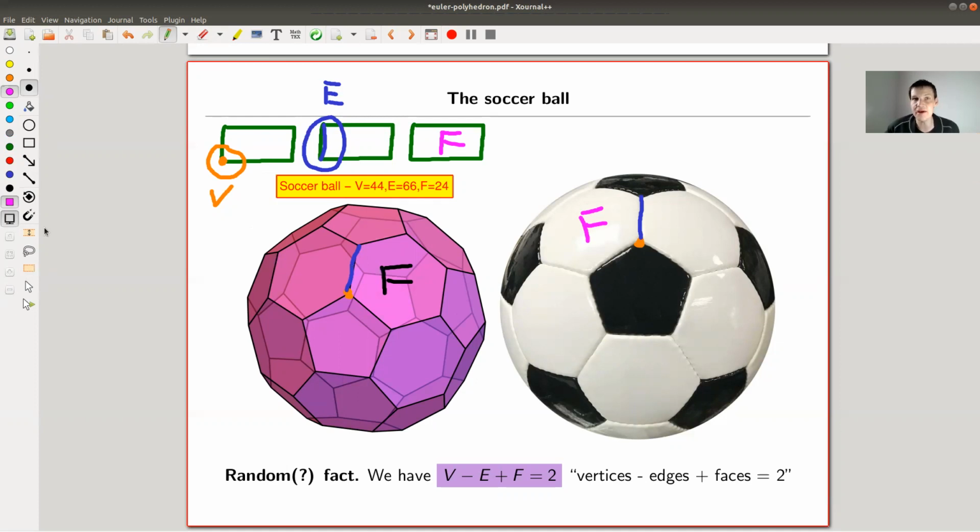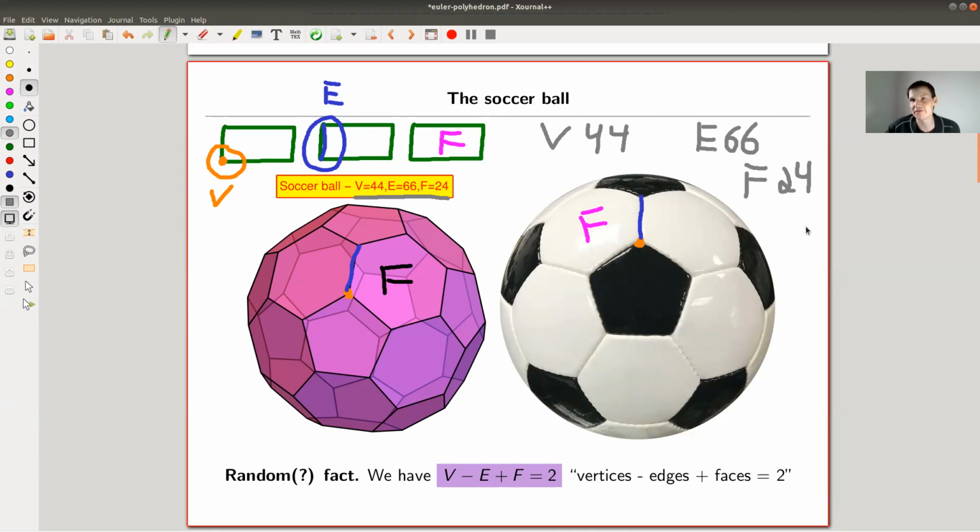I want to count V, I want to count E, and I want to count F. Very easy. V, E, and F. And I end up with those numbers. So V is 44, E is 66. If you have a soccer ball at home, you can just do the count. Otherwise, you can believe me right now.